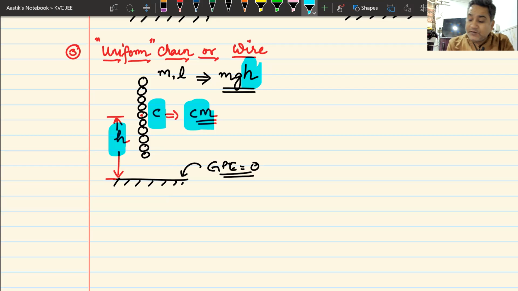This is all about uniform chain or wire. Find out the center. That is the center of mass. That is the point from where we calculate the gravitational potential energy of this body. We don't calculate it, this is how it comes.